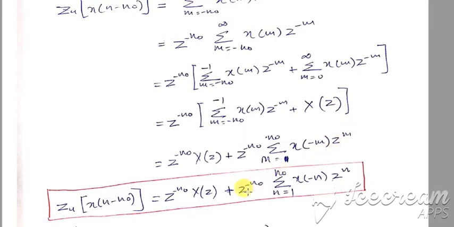So we can write it like this: z raised to the power minus n0 X(z) plus z raised to the power minus n0 summation n is equal to 1 to n0 of x[minus n] z raised to the power n.